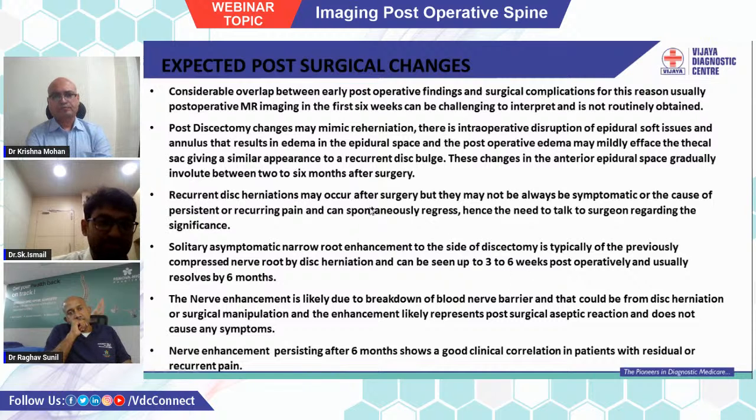So these points should be kept in mind before we call a recurrent disc bulge, especially in the 2 to 6 months following surgery. And also, if we are seeing a disc herniation where the signal is similar to that of the parent disc, and the location is on the contralateral side, when we're confident that it is a recurrent disc herniation, or even on the ipsilateral side, it might not always be symptomatic, so it's better to talk to the surgeon regarding the significance.